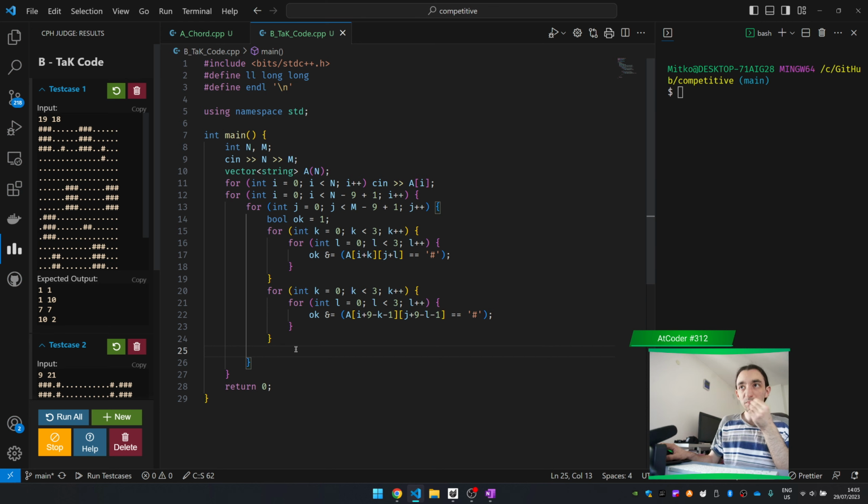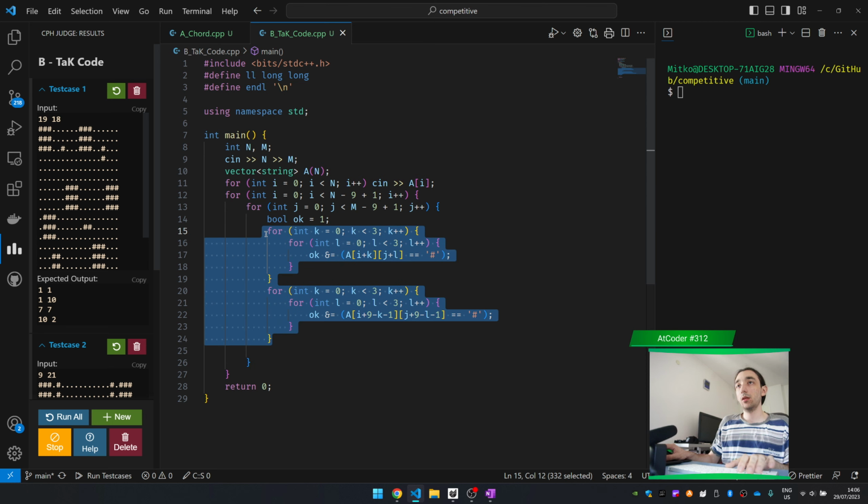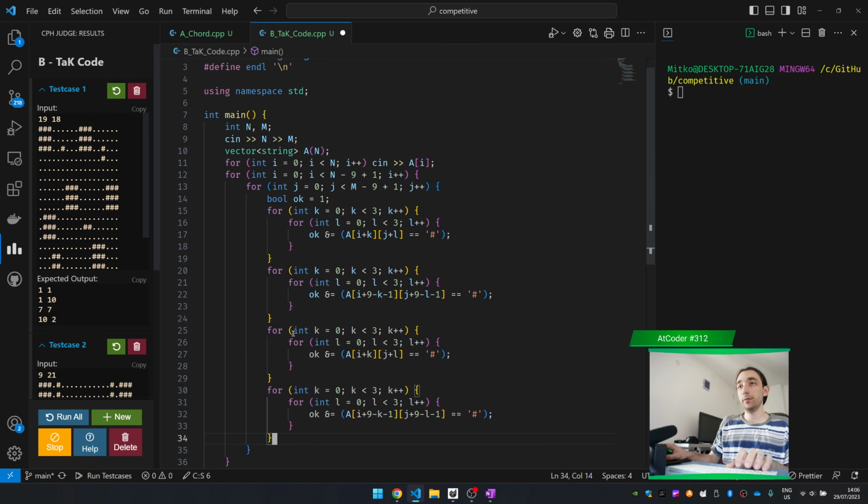So to do this I will do 4 by 4, but I will do it only if K is 3 or L is 3, then I will do this.